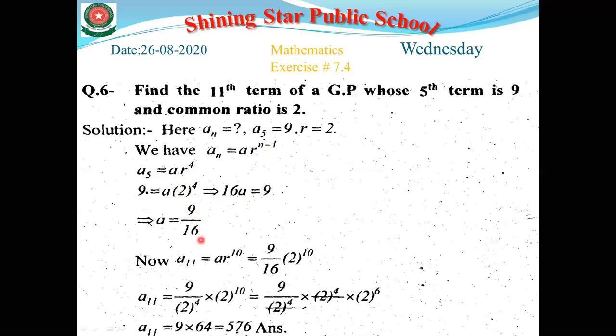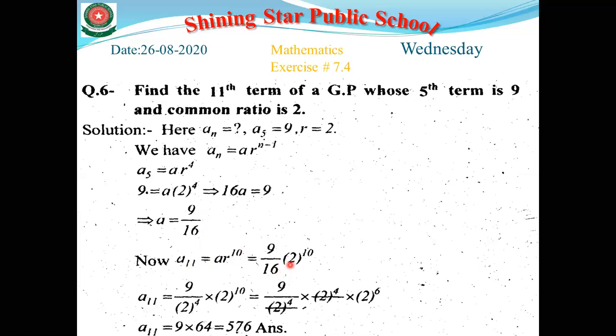That is A. Now, we have A, R, and n. We have all the values. So, it's very simple to find A11. A11 is A R power 10. Put the values of A, 9 over 16.